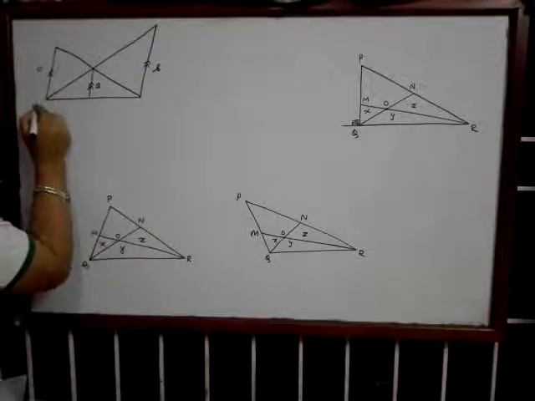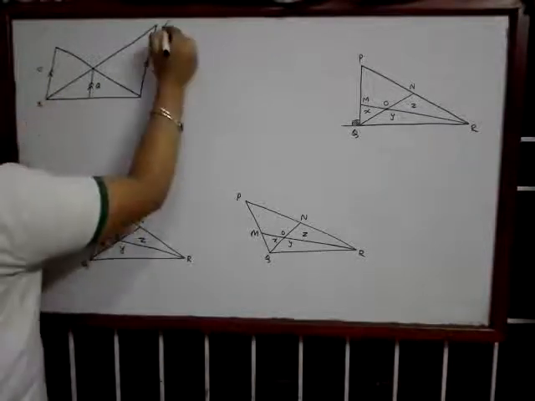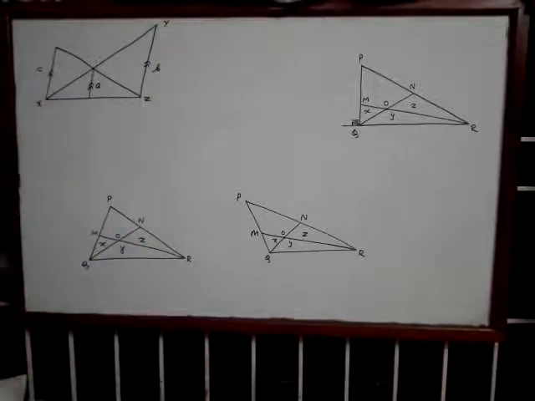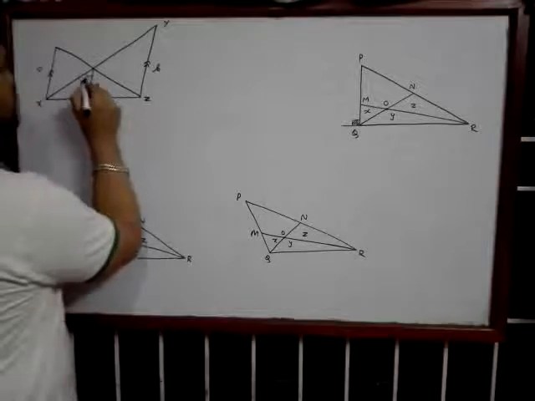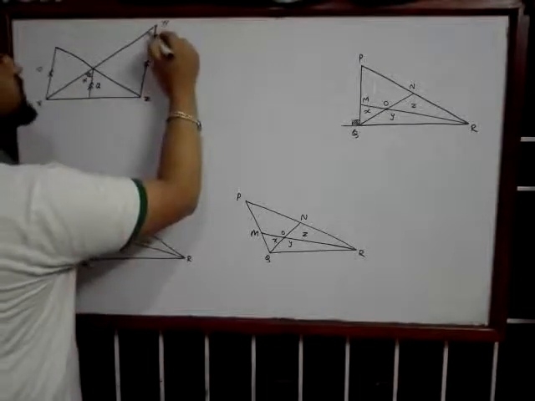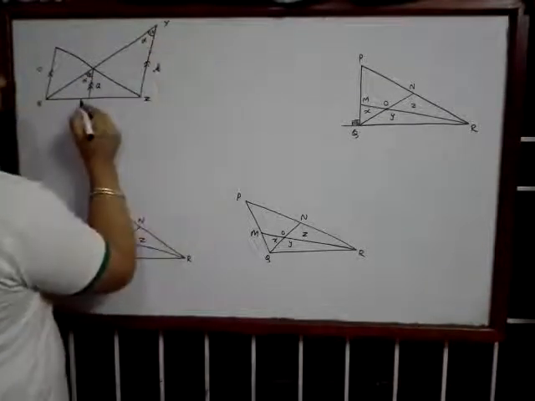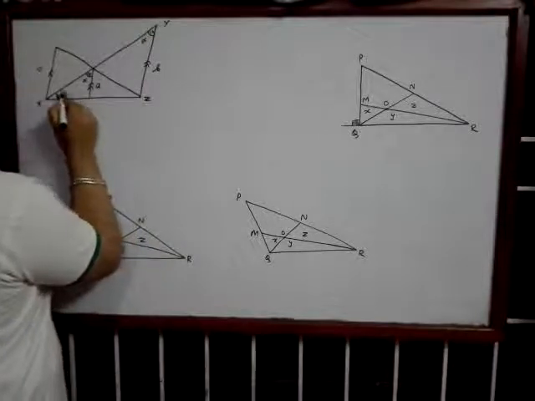Now let's look at triangle XYZ. Then this angle is equal to this angle, and this is the common angle.